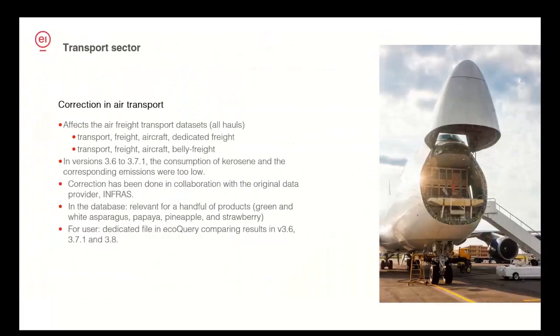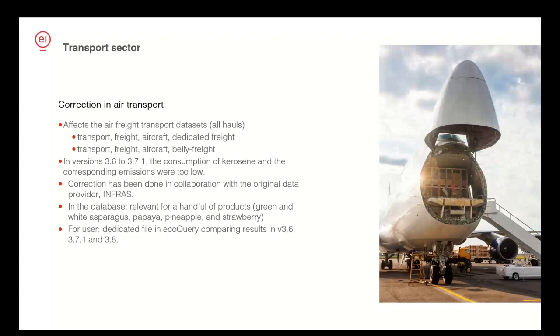I would like to close the content section of this webinar by mentioning a correction we have made related to air transport. This affects the air freight transport datasets, all hauls, and both dedicated freight and belly freight.